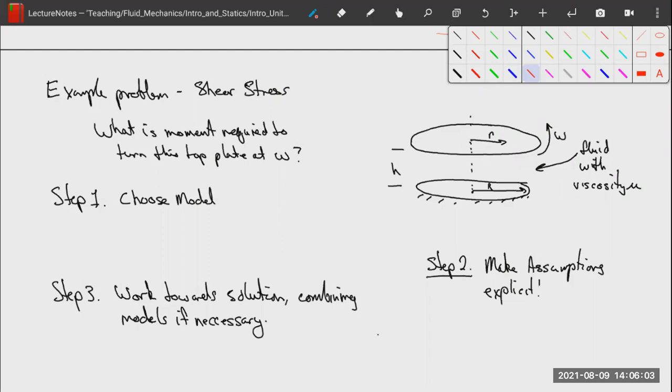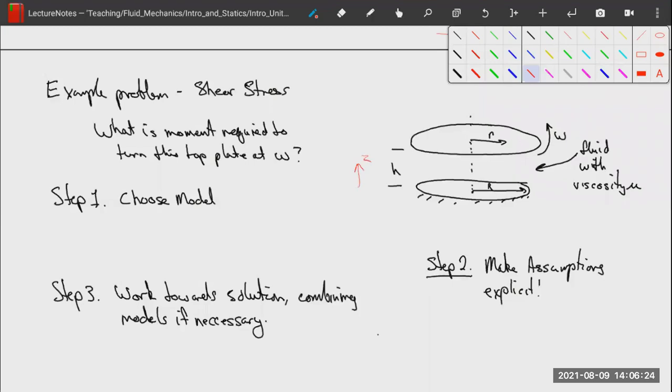And we're going to turn the top plate with an angular velocity omega and keep the bottom plate stationary. And these two plates both have a radius of big R, and our dimensions are going to be our radius, a theta going around our circle, and a z going upwards.